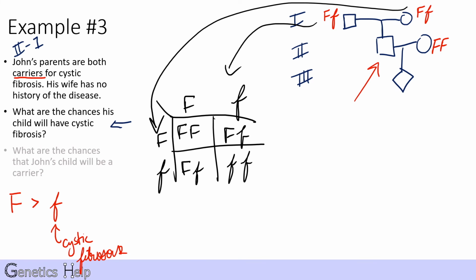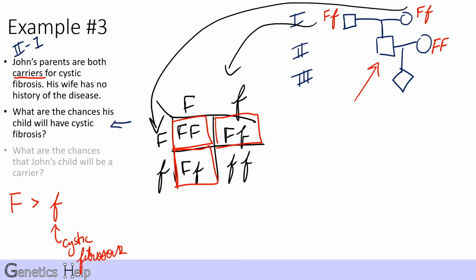Okay, so what are the chances? So here we'll look at John. Now you immediately might want to be thinking, oh, John, he has a quarter chance that he's big F, 1/2 chance large F, little f. But we know that John doesn't have cystic fibrosis because that isn't mentioned in the question. If he did, it would be significant enough for them to tell us.